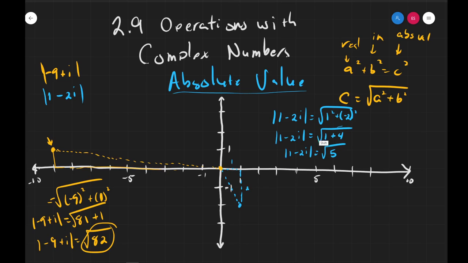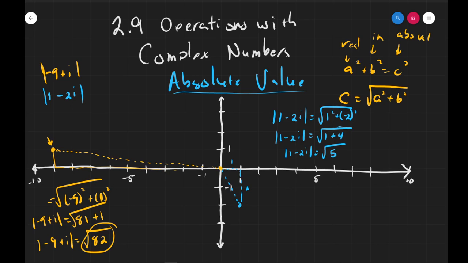So we take the square root of 1 squared plus negative 2 squared, our real part squared plus our imaginary part squared. Simplified, that is 1 plus 4, and adding those together, we get 5. The square root of 5 is the absolute value, the distance from the origin, of our point 1 minus 2i. It's the square root of 5.